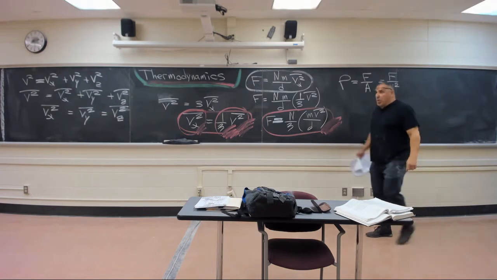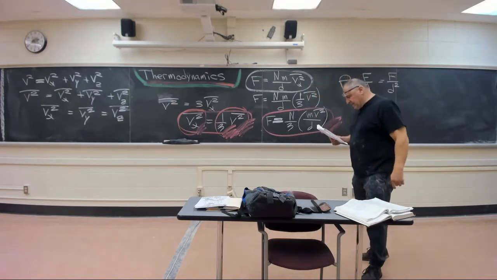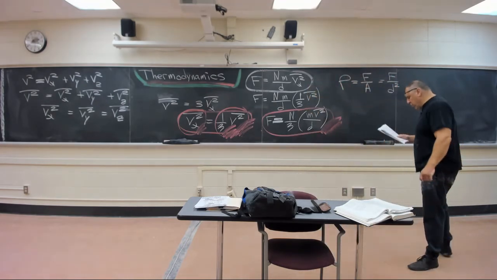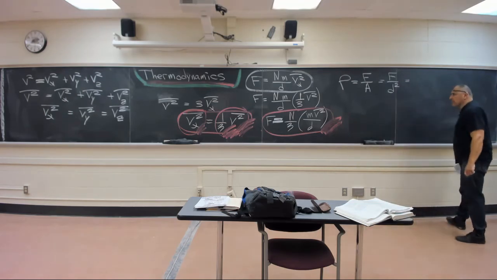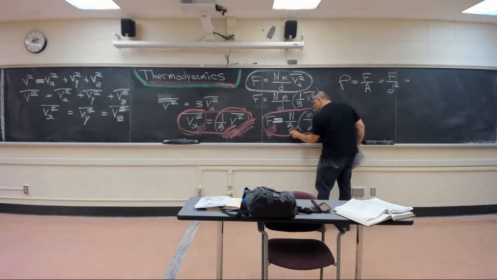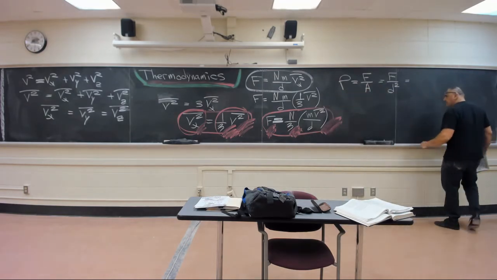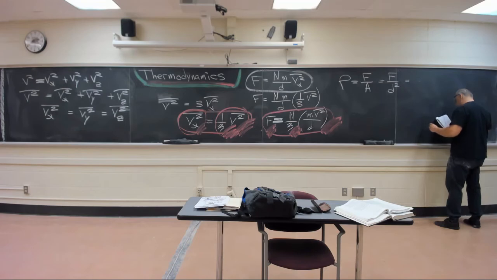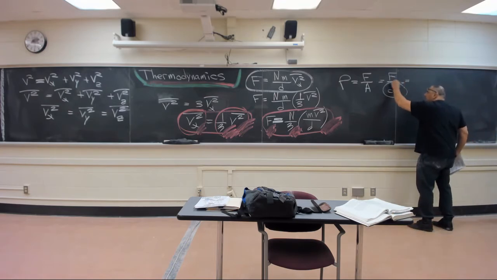Didn't we say it was a square box? D by D by D. Well, the square portion is D squared. Here's F. Go ahead and do it. Let's cut to the chase a little bit.